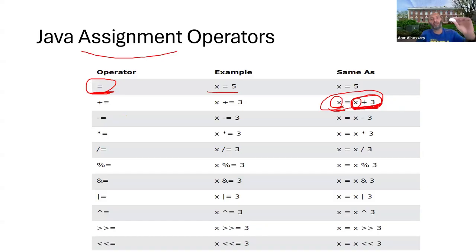I will simply add 3 to the current x. How can I write that in computer science? I want to set x to the current value of x plus 3. Written as x equals x plus 3.